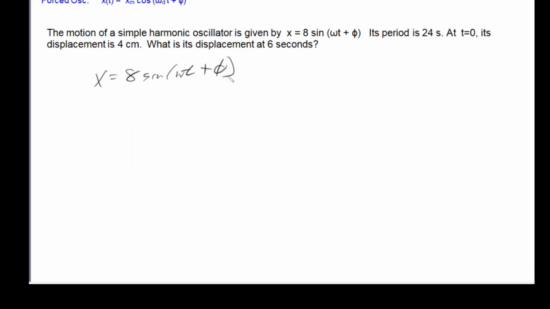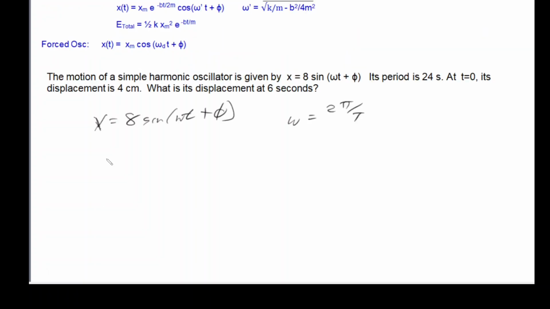Well, we know that omega is equal to 2 pi over T, so we can plug this in and rewrite the equation as x equals 8 times sine of 2 pi over T, the period, times t, the time, plus phi. And we're at t equals 0.